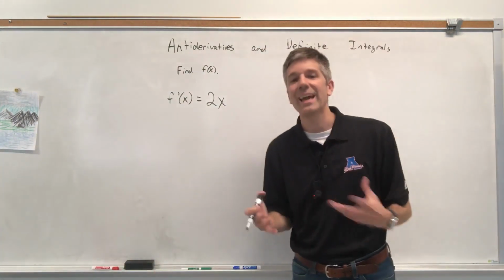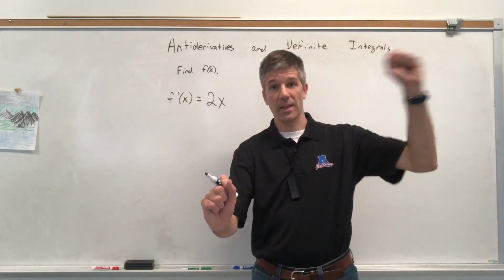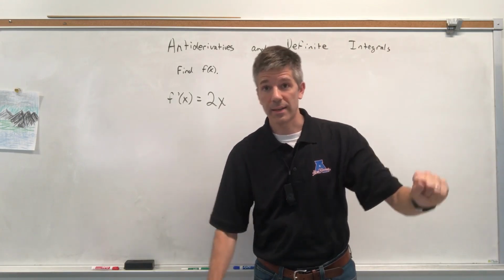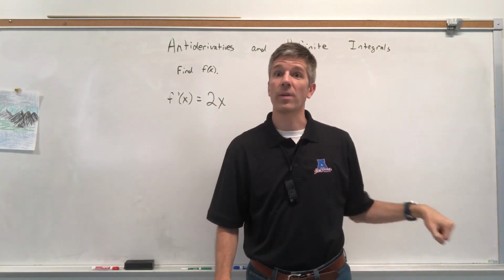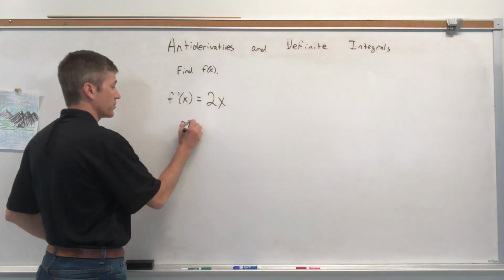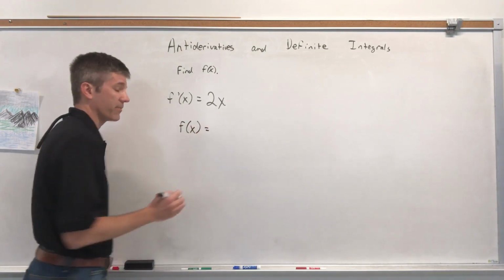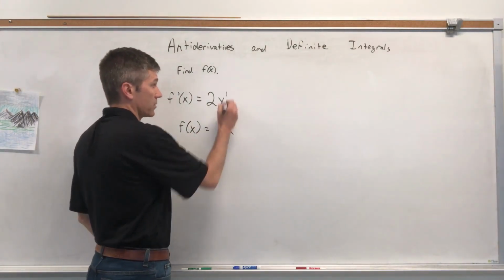Now, when I take a derivative, I would multiply coefficient times exponent, and that becomes my new coefficient. I would take my exponent and I would subtract 1 away from it. So what I really need is some function that if I took its derivative, I'd get that. So I need an exponent to be higher than what it is right now.